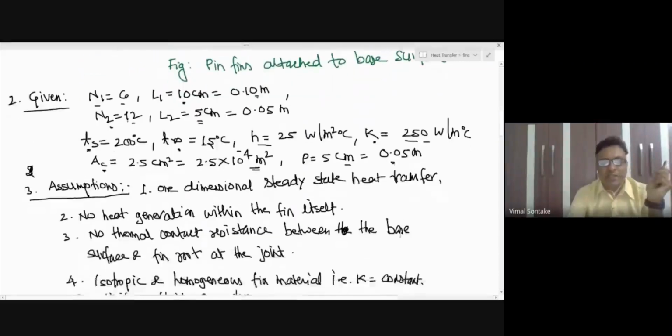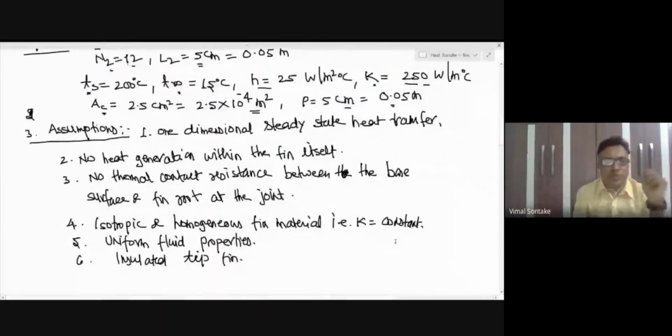Now let us take some assumptions to solve this problem. Assumption number 1, we are going to consider one-dimensional steady state heat transfer. Assumption number 2, no heat generation within the fin itself, that is Qg will be 0. Assumption 3, no thermal contact resistance between the base surface and fin root at the joint.